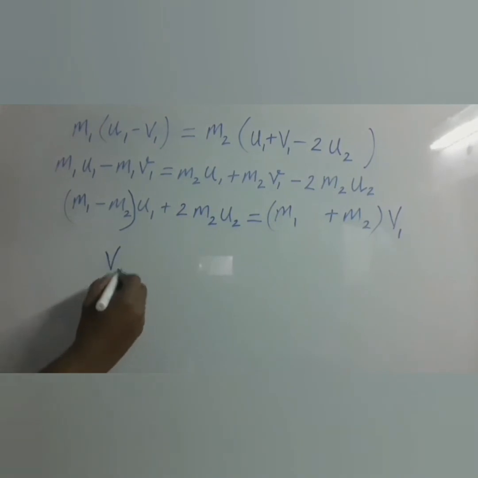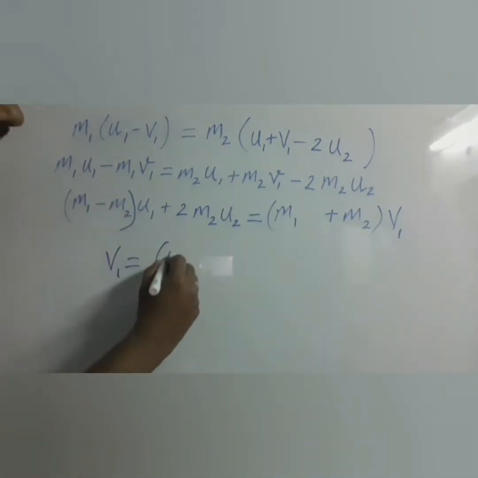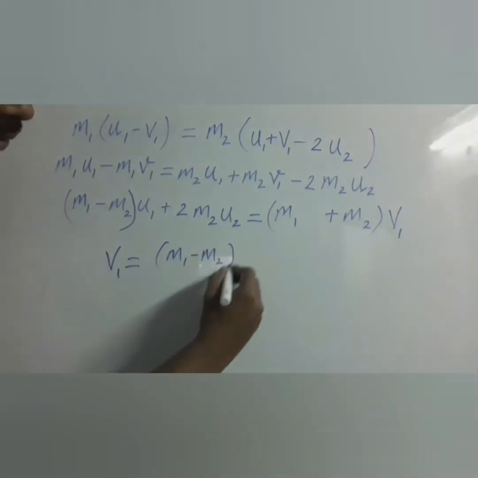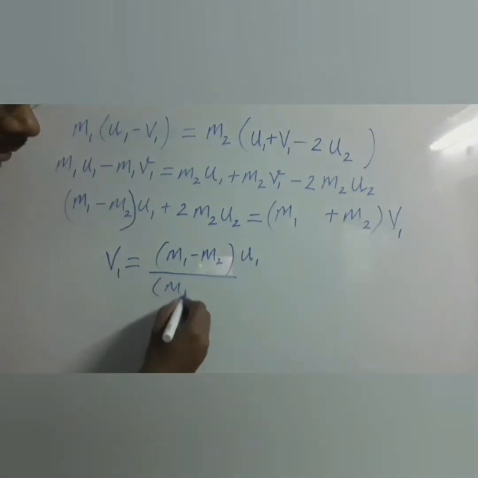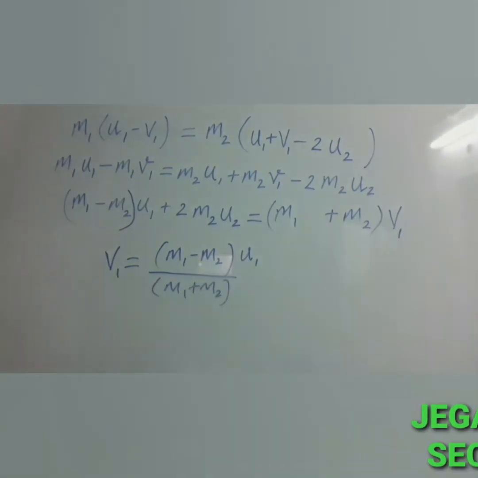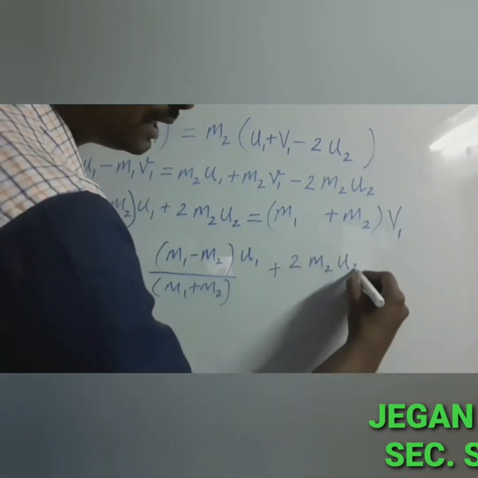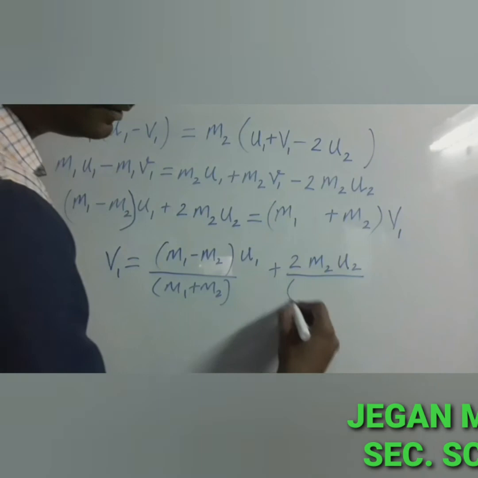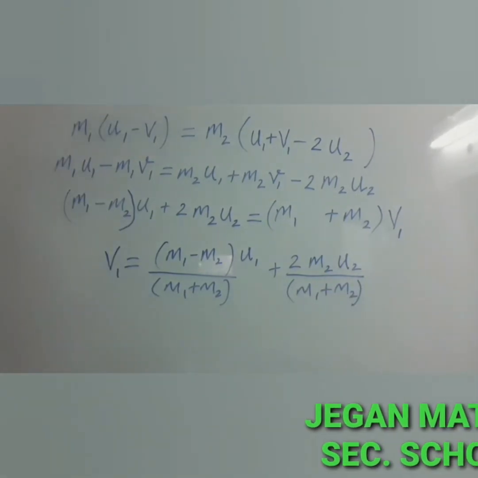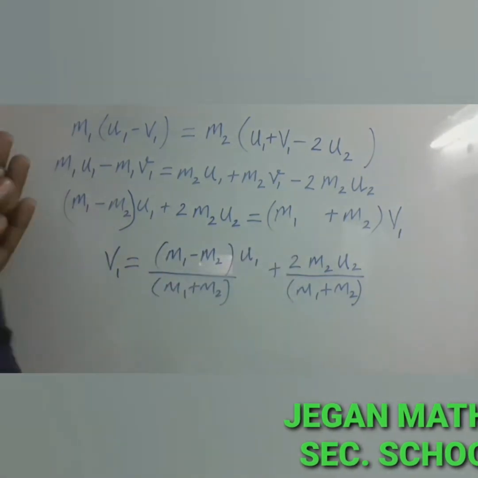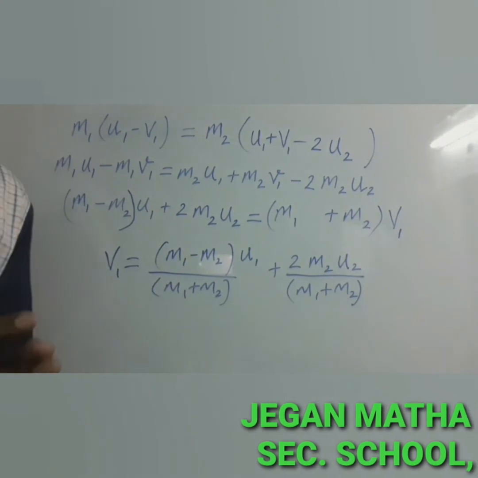V1 is equal to M1 plus M2 taken to the other side, so M1 minus M2 into U1 divided by M1 plus M2. Likewise plus 2 M2 U2, that has to be divided by M1 plus M2. So using this expression we can easily find the final velocity of the first object.